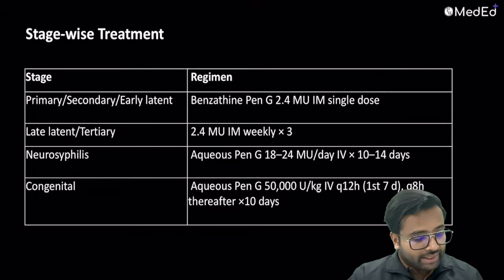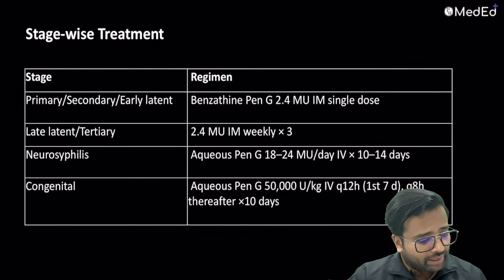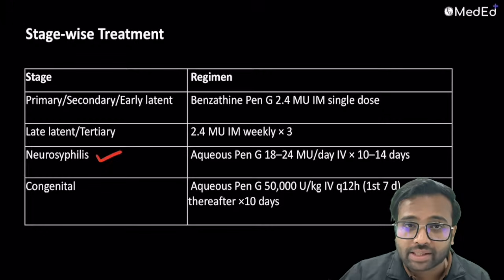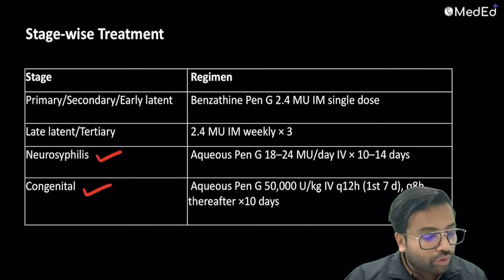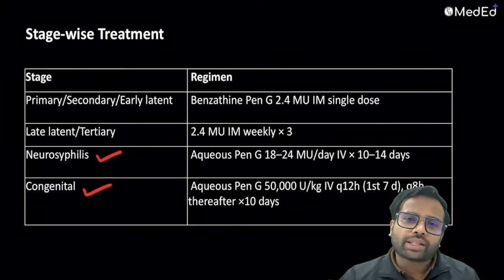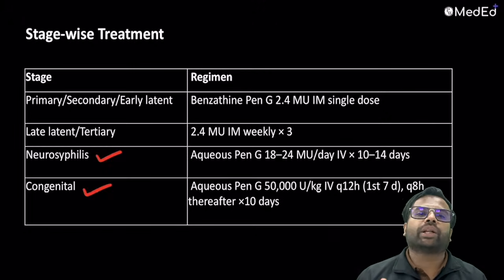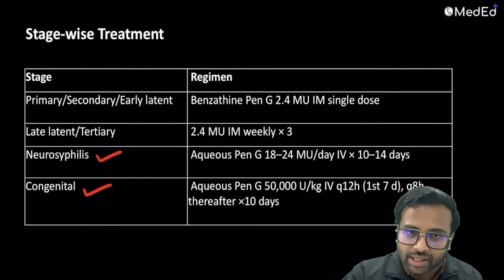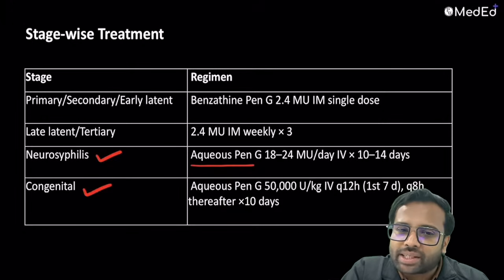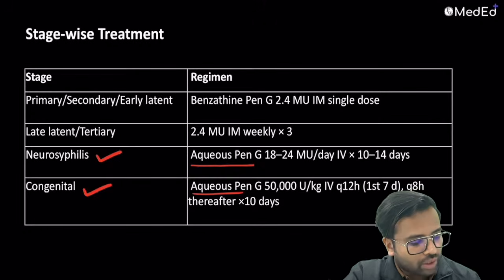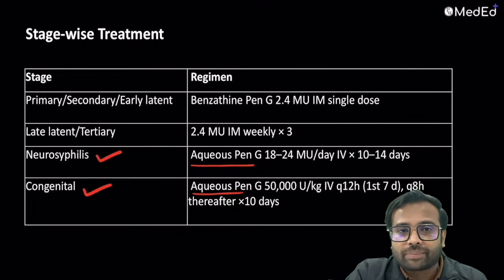These can be in the cases of neurosyphilis, whenever there is an involvement of the brain, or in the cases of congenital syphilis. So generally speaking, the drug of choice is benzathine penicillin, but the exceptions are we have to go for aqueous crystalline penicillin in the cases of neurosyphilis or in the cases of congenital syphilis.